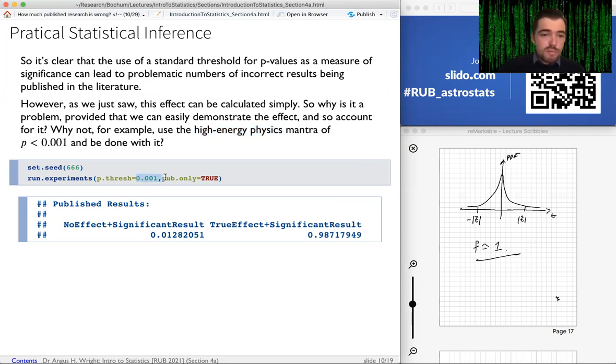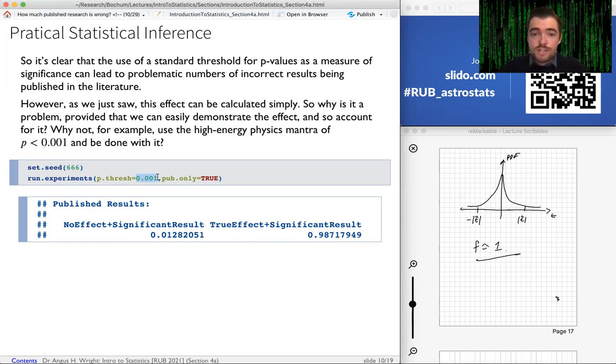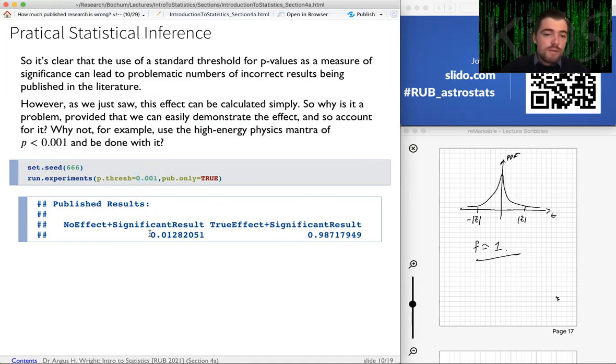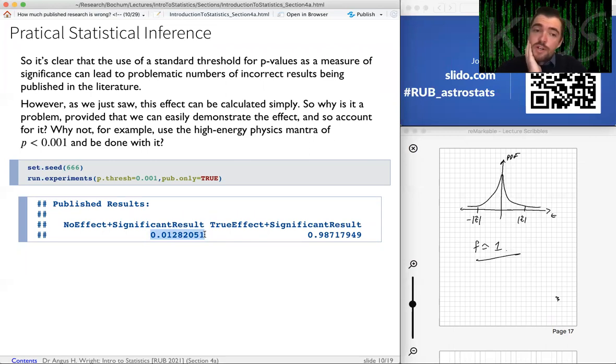So if we were to use a p-value of say 0.001 and run exactly the same analysis that we just had, statistical power of 80% and 1,000 runs and 10% true hypotheses, then we end up with a much lower effect in terms of the number of false hypotheses that end up published in the literature.